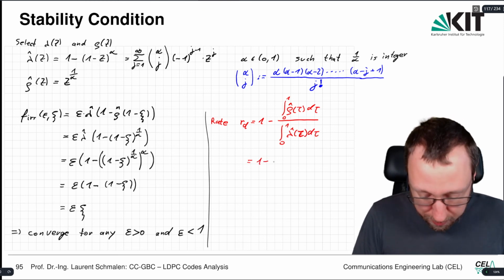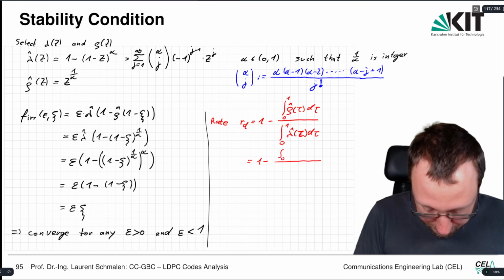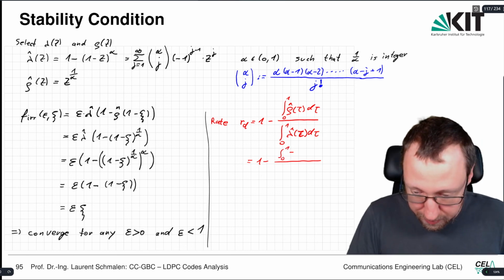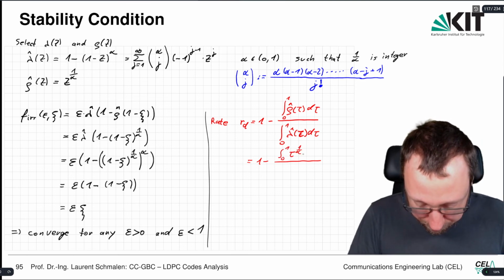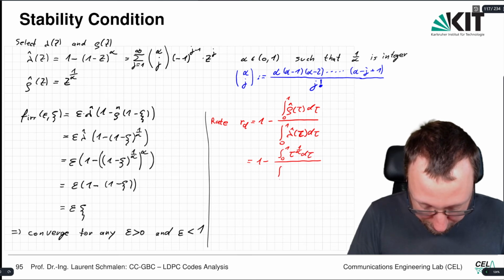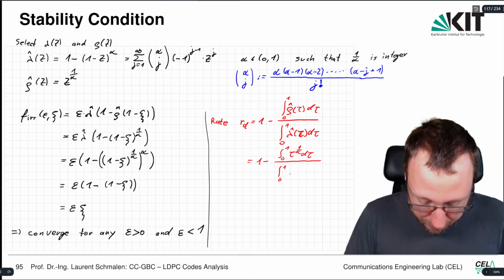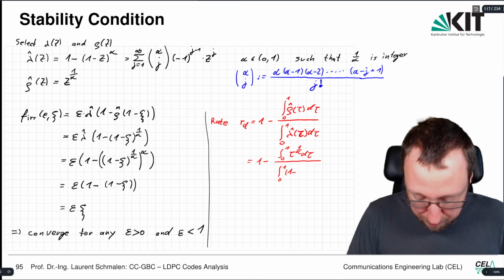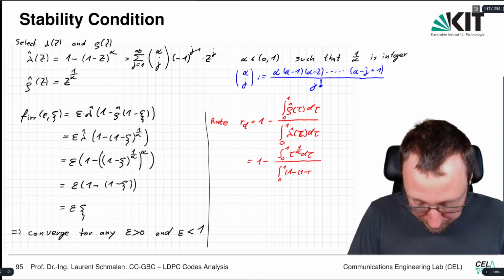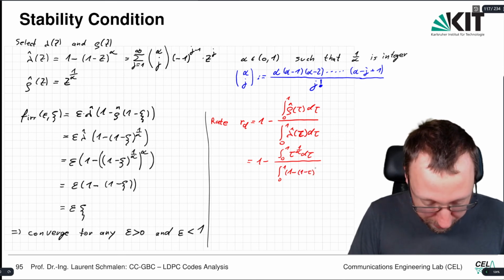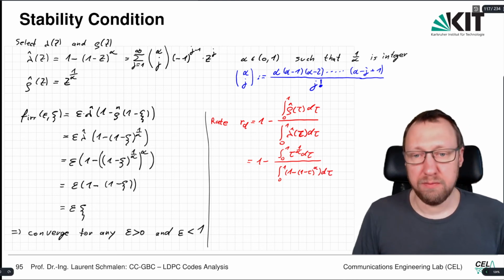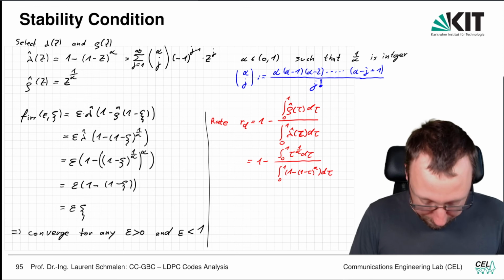So this is 1 minus the integral of tau to the power 1 over alpha d tau, divided by the integral from 0 to 1 of 1 minus tau to the power alpha d tau. You can set that up.